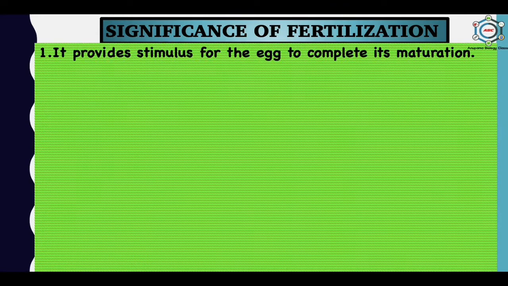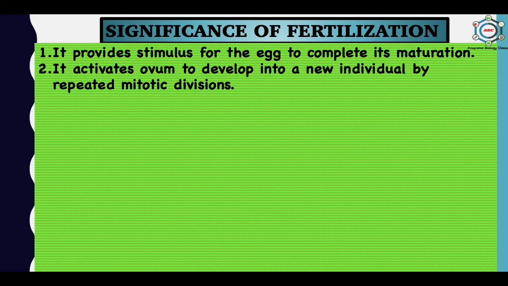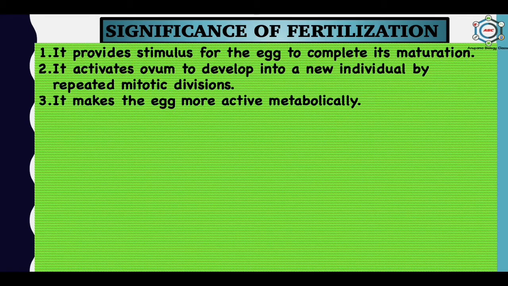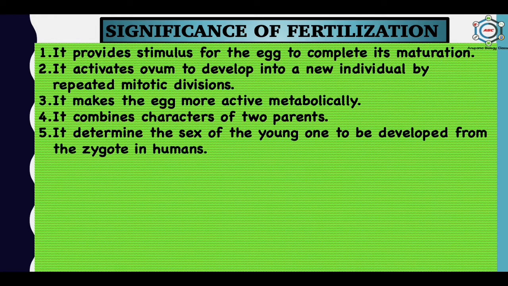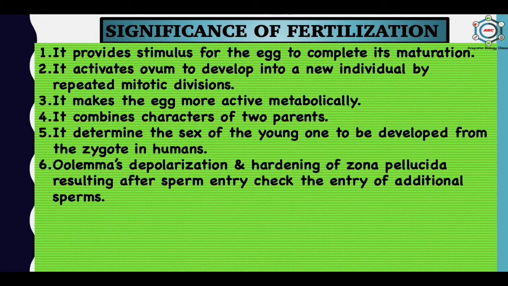Now, what is the significance of fertilization? It provides the stimulus for the egg to complete its maturation. It activates the ovum to develop into a new individual by repeated mitotic divisions. It makes the egg more active metabolically. It combines characters of the two parents. It determines the sex of the young one to be developed from the zygote in humans.